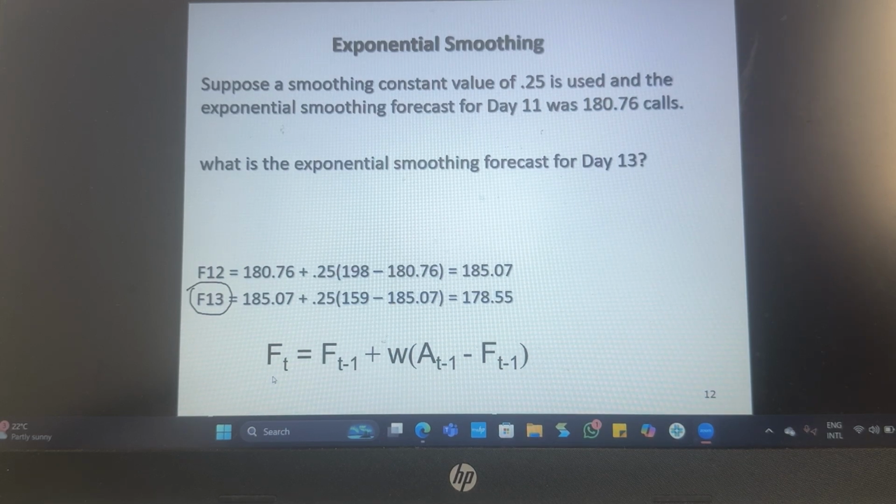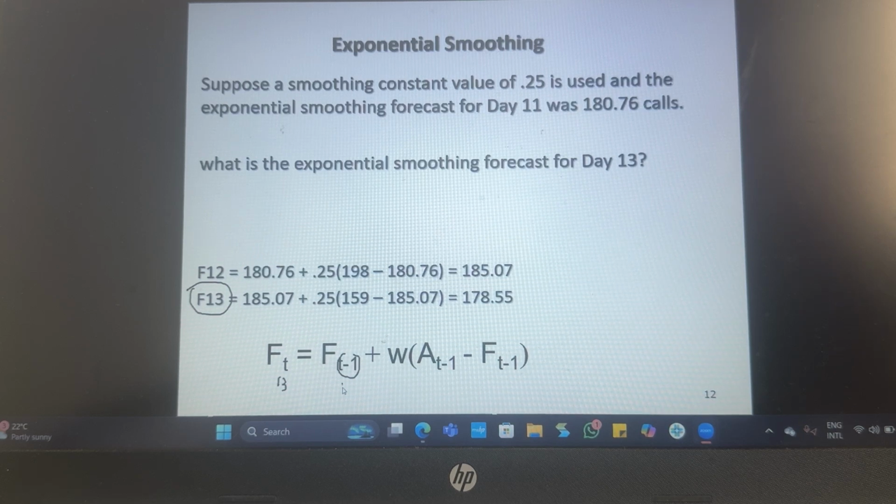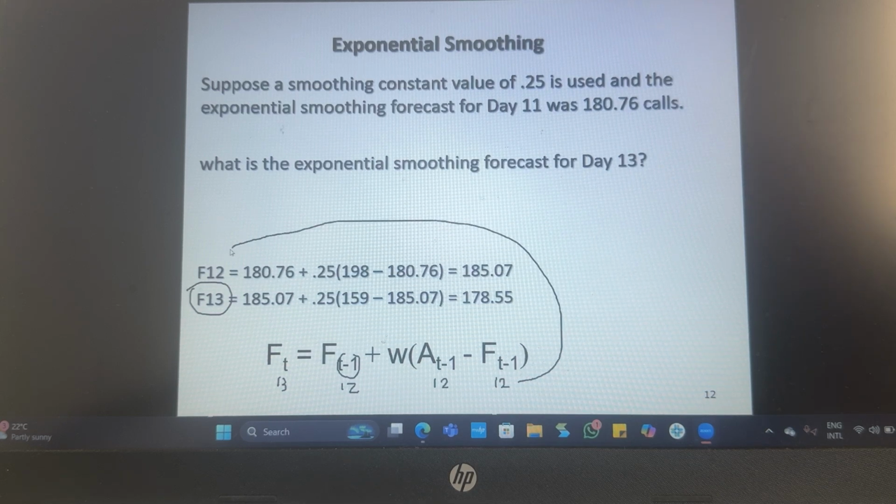So, if we need F13 here, what should this number be? Actual in day 12. And this is forecasted in day 12. Therefore, we need the day 12 forecasted value. That's why we are forecasting this one.